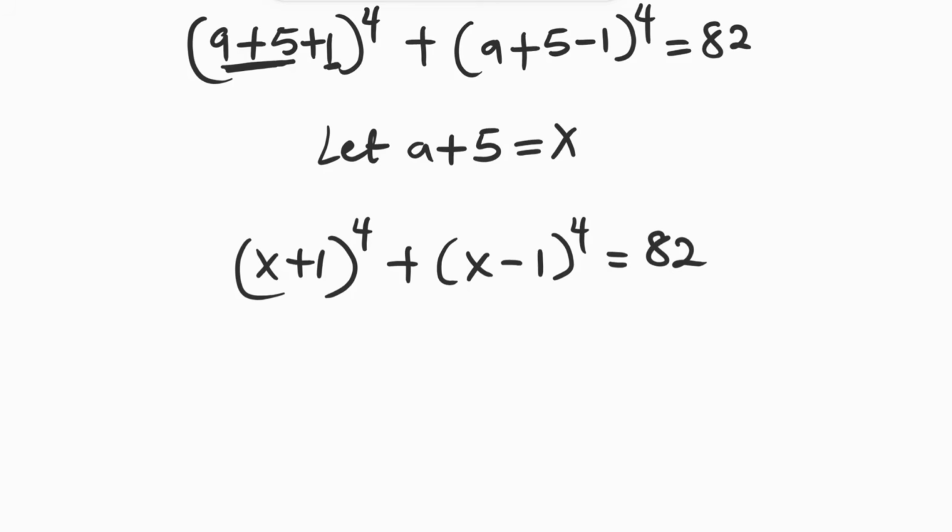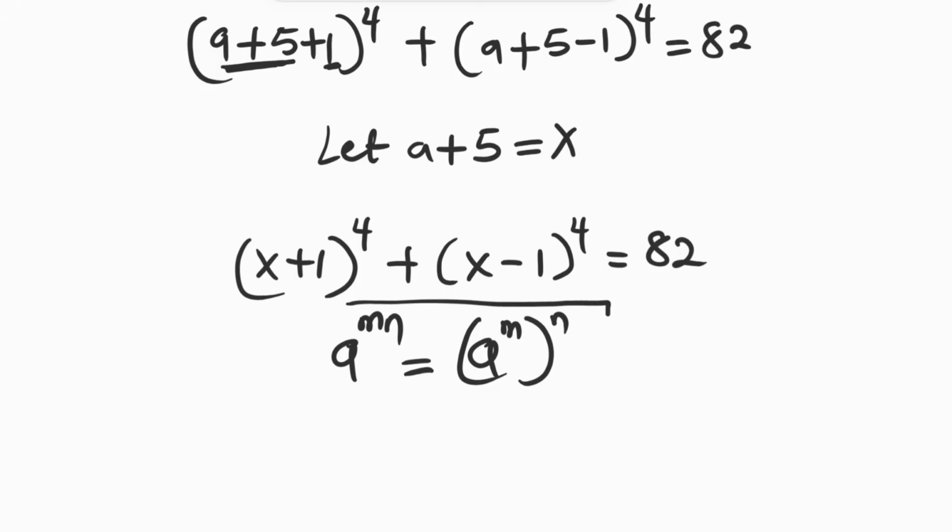So let us rewrite the power of 4 that we have on the left hand side. We know the law of indices states that if we have a^(mn), it's the same thing as (a^m)^n.